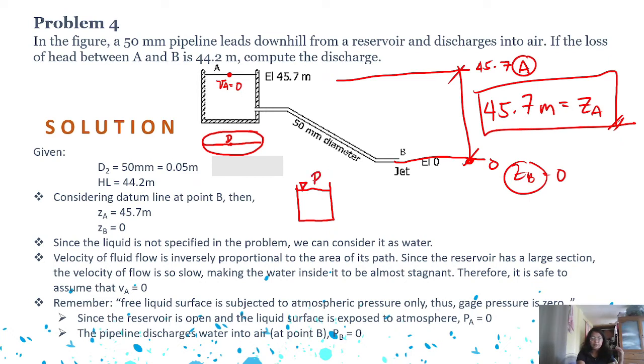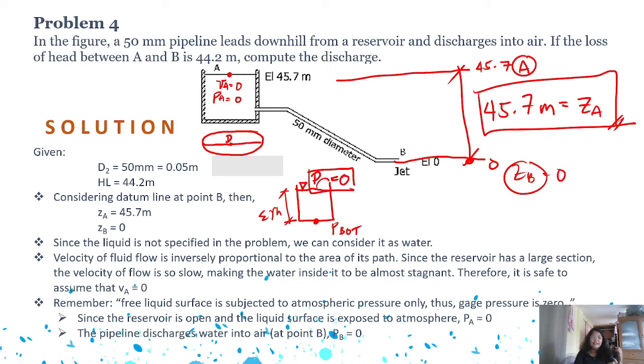So, we assume that this point is 0 pressure, diba? Tapos, iba naman yung P at the bottom. So, kapag pressure at the bottom, dun tayo nagsasummation of gamma H. Recall from prelim, so we can say that VA or the velocity at point A is 0 and also the pressure at point A is also equal to 0.